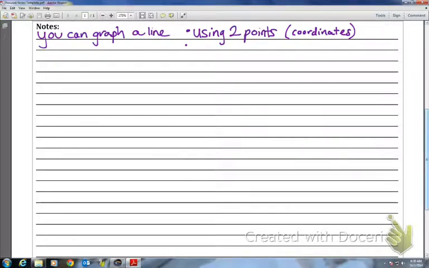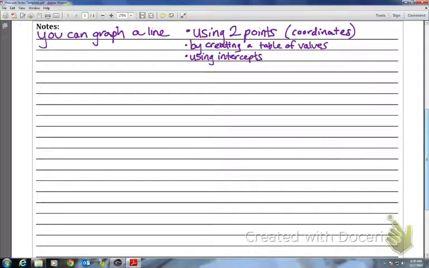The second way that we're going to actually talk about today is using a table of values. And the third way that we can graph a line is by using intercepts, which we're also going to talk about today.